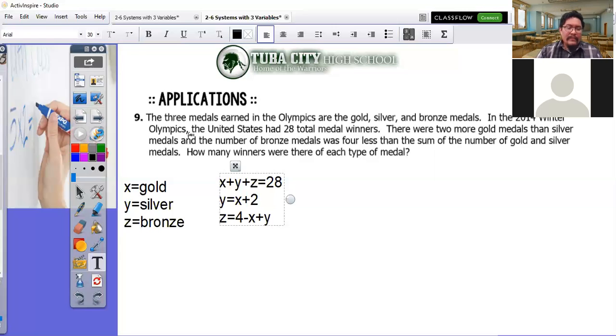Like if you had $4 less than your friend, that means if your friend had $10, you have $6, right? So that is a tricky one. I imagine a lot of people would set it up like that, but really it's supposed to be set up like this. And actually these should be in parentheses, because whenever you see the word sum, difference, quotient, or product, that means they are in parentheses.